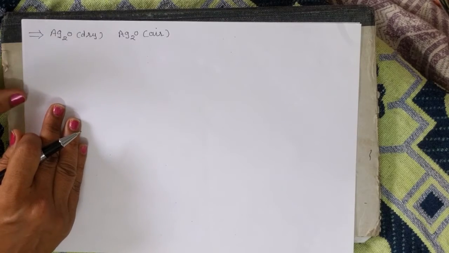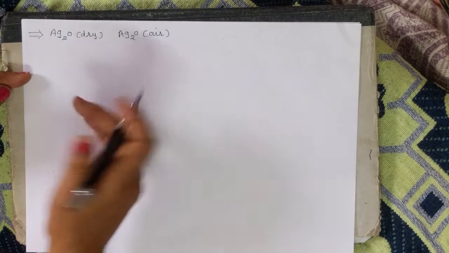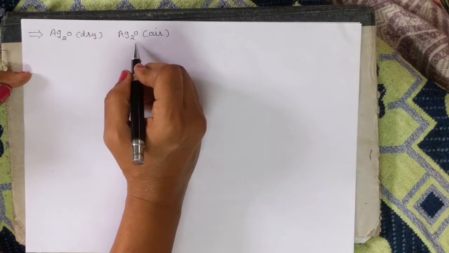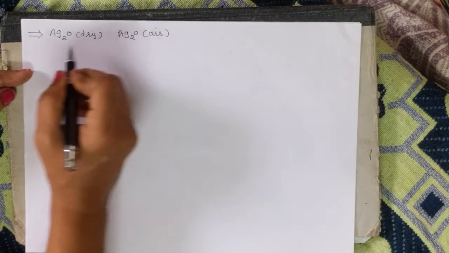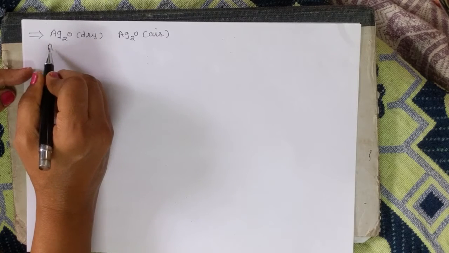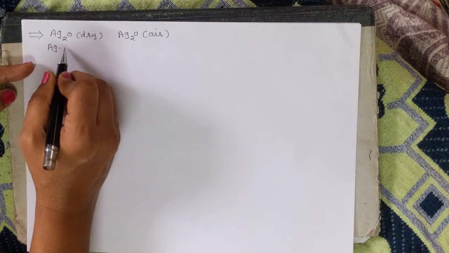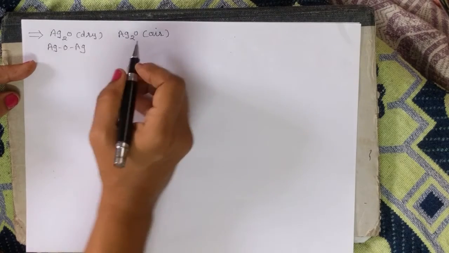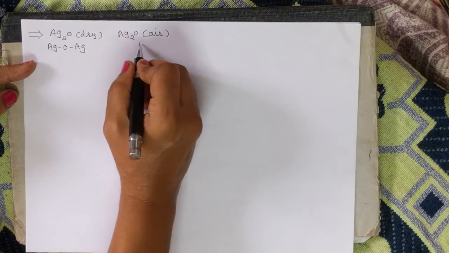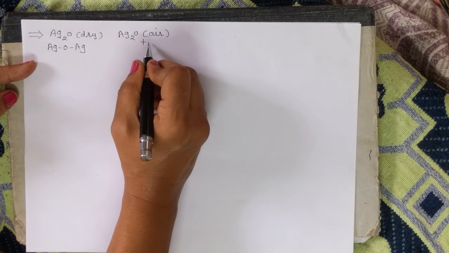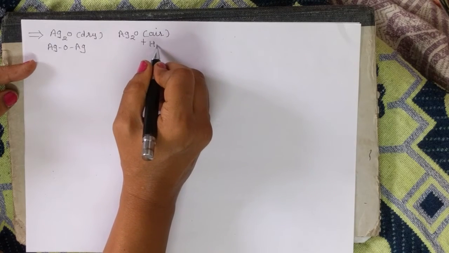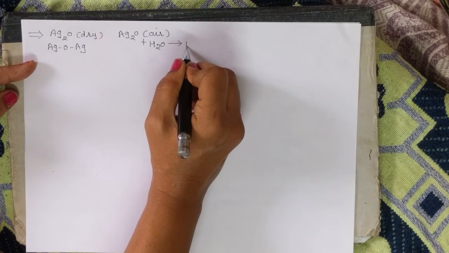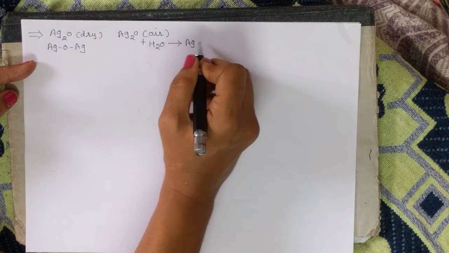So here also both the products are different, both the reactants are different, but the nature of the product is also different. This is the structure of Ag2O in the dry form, and Ag2O reacts with air or moisture, so Ag2O plus H2O gives silver hydroxide.